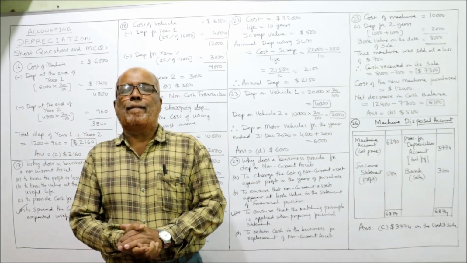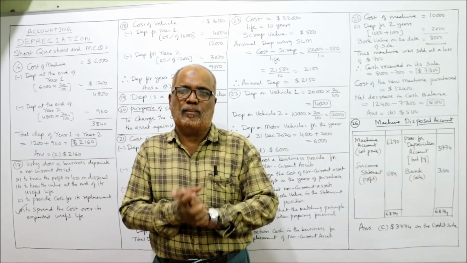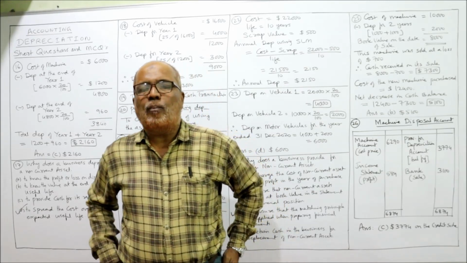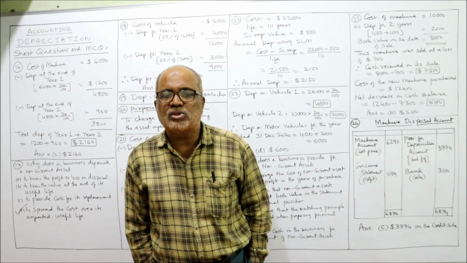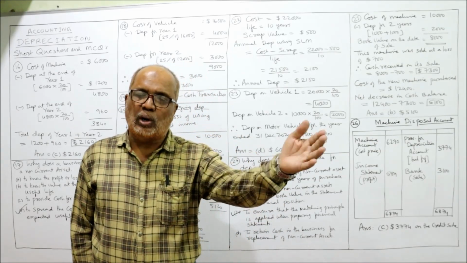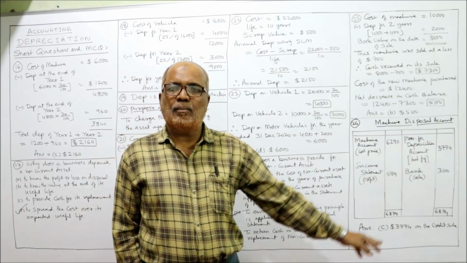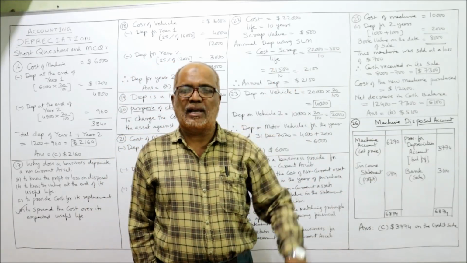In the theory video, the first video, I have explained what are the journal entries when a machine is sold. A new account will be opened called machine disposal account. So whenever a non-current asset is sold, a new account is opened called disposal account. Here machine is sold, so machine disposal account.